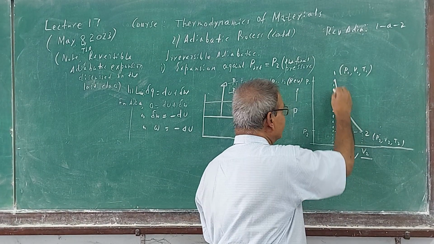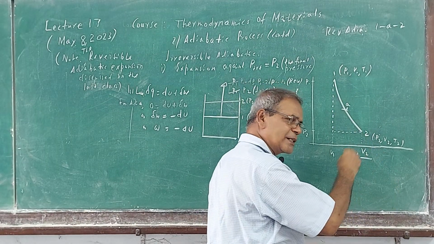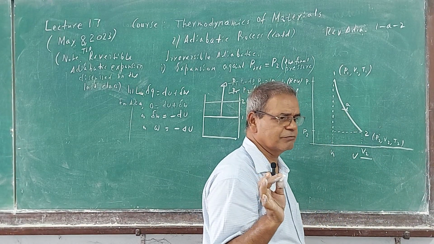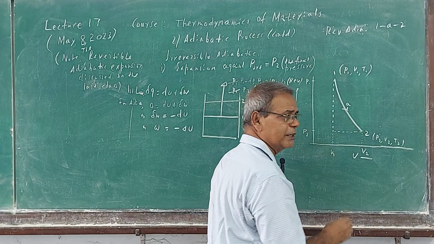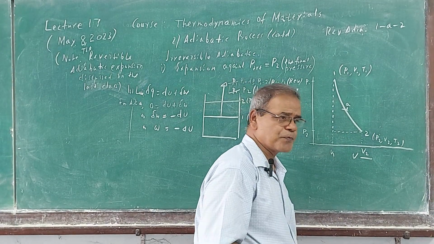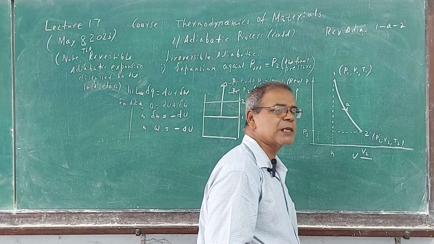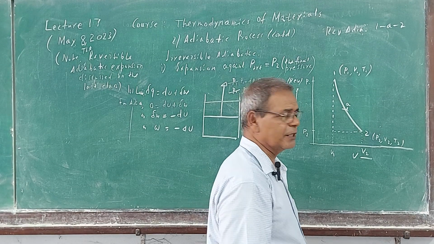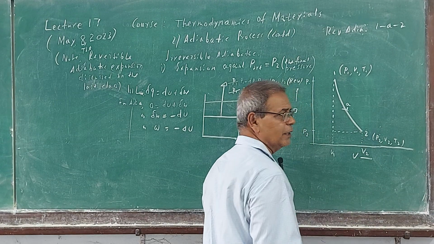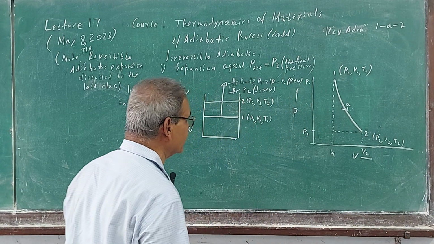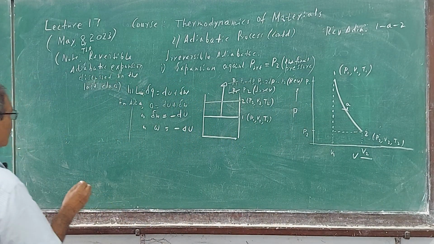Initial and final are the same for reversible and irreversible. Intermediate states are non-equilibrium in case of irreversible, but adiabatic is a very exceptional process. So now we will verify whether this will be here. Let us see what the final state is.